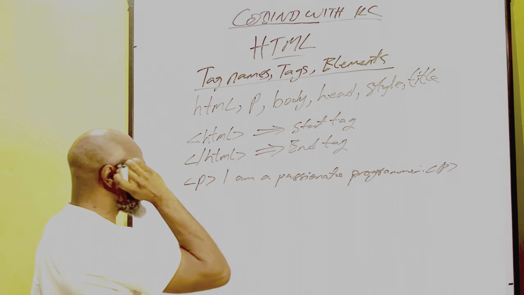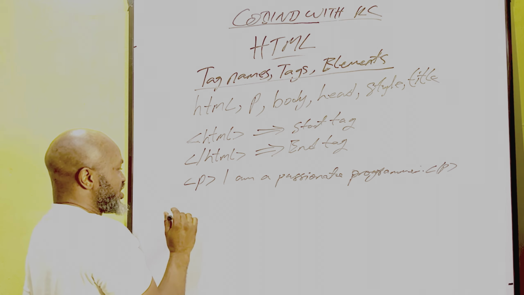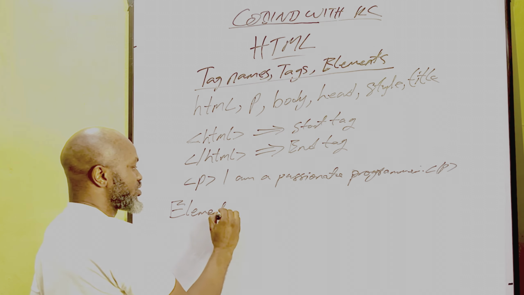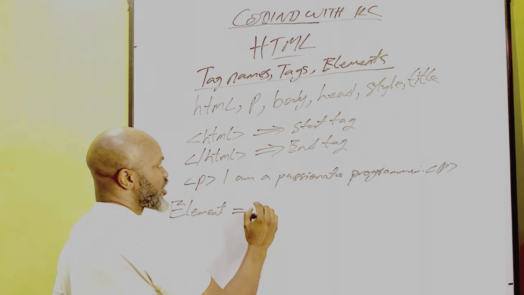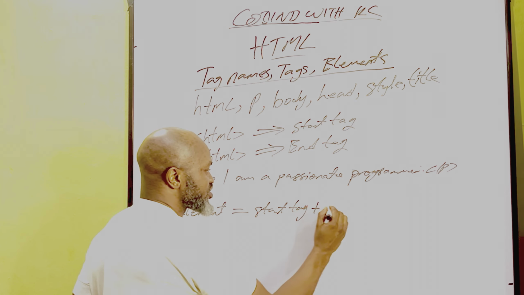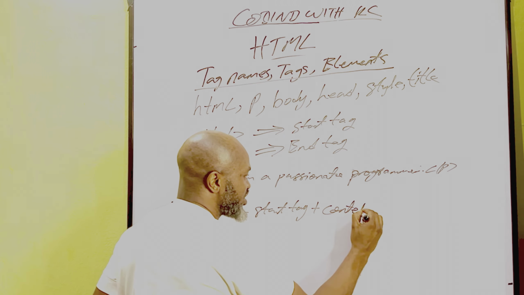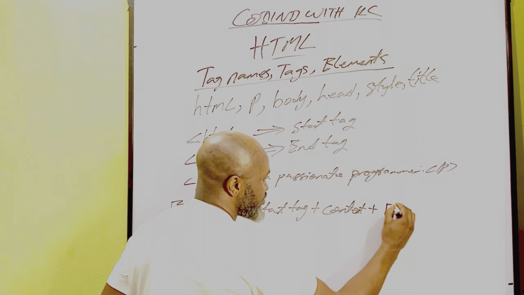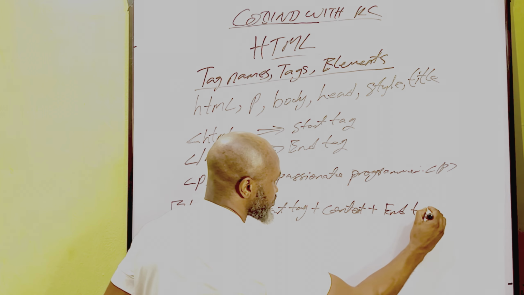Why? Because an element mathematically is equal to start tag plus the content, which is everything in between the start tag and the end tag, then plus the end tag.